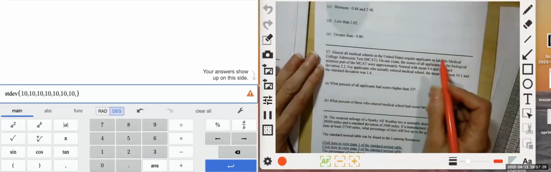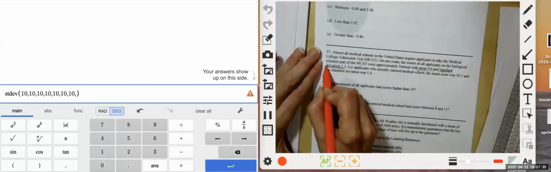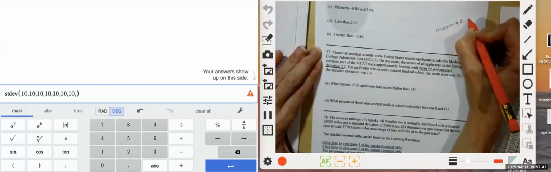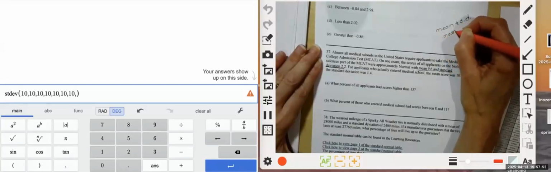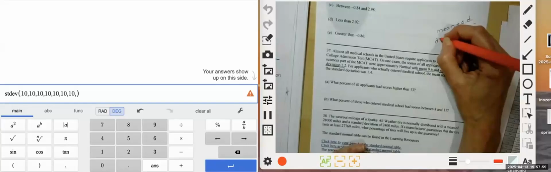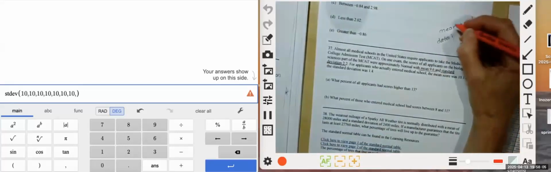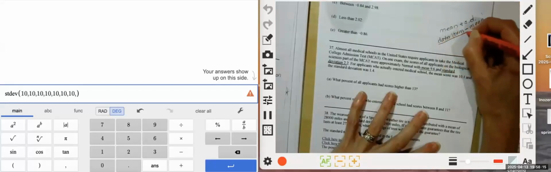All right, so on 37, whenever we see a mean and a standard deviation in a problem, we're going to use the formula: the data item minus the mean over the standard deviation.